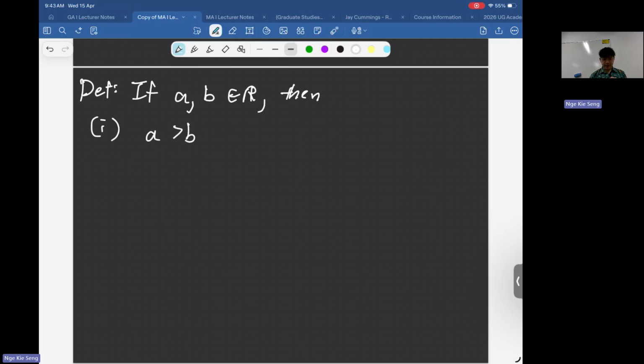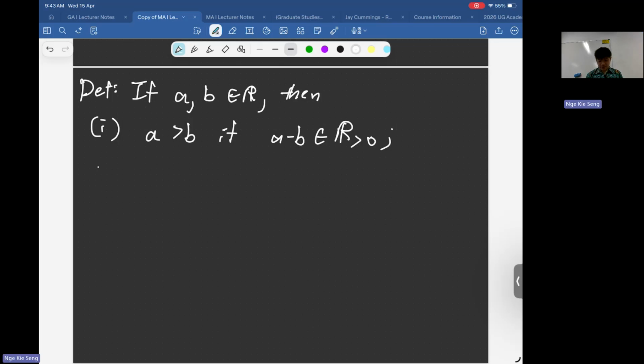We could define A is greater than B if their difference is some positive number that you define. So you just define what is greater than 0 and what is less than 0, and then everything gets defined. You don't need to define every pairwise relation, you just define a number's relation with 0.